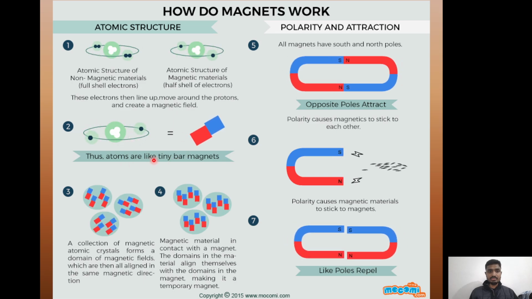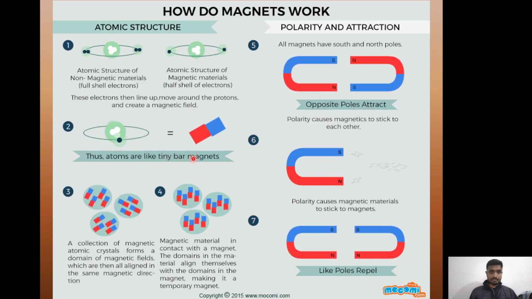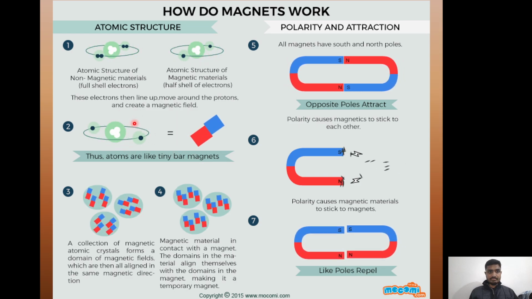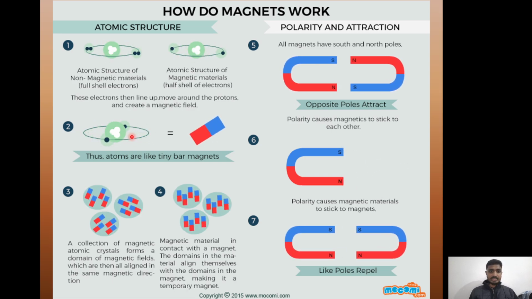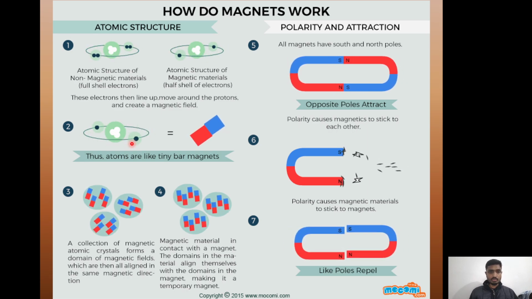So, all these atoms are actually nothing but tiny bar magnets. If you observe it from one side, it would behave as a north pole of a magnet, and on the opposite side of that atom, it will behave as a south pole. So, now north pole and south pole, the two opposite poles.